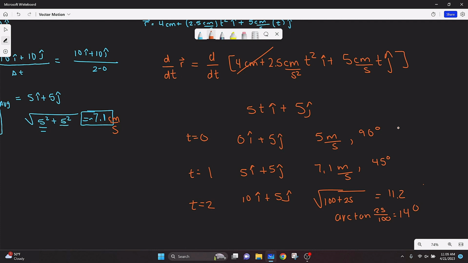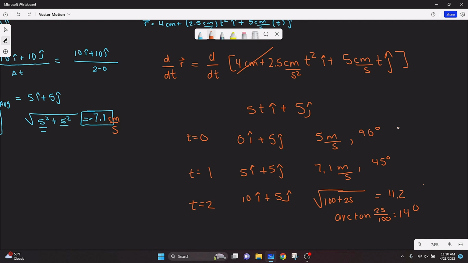And so let's see if we are correct on these. Five and 90 degrees was correct. 7.1 and 45 degrees was correct. And then 11 and 27 degrees.